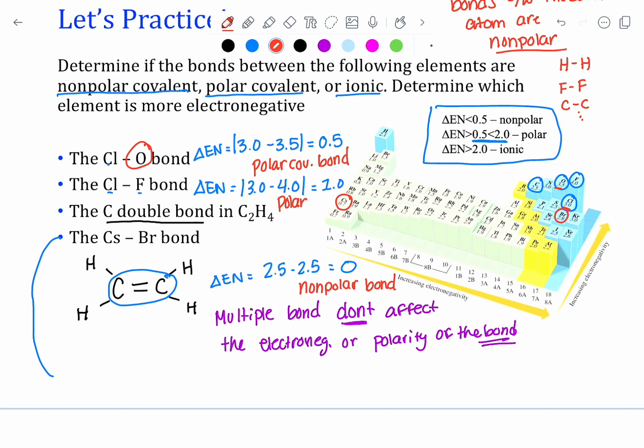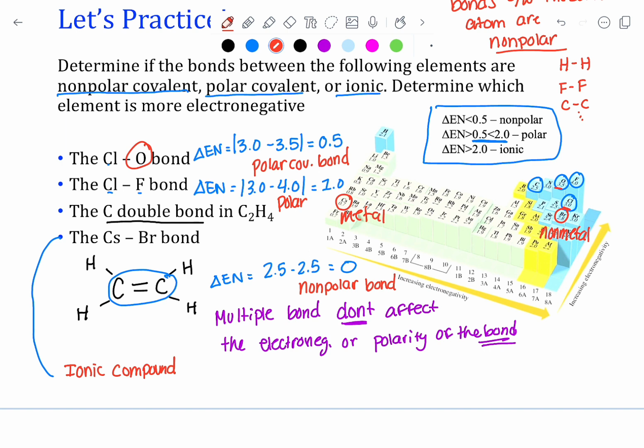That's bromine. Now, because they're on two different sides of the periodic table, we have a metal and a non-metal. We know that this is automatically going to be ionic. This is an ionic compound, meaning it would automatically be an ionic bond.